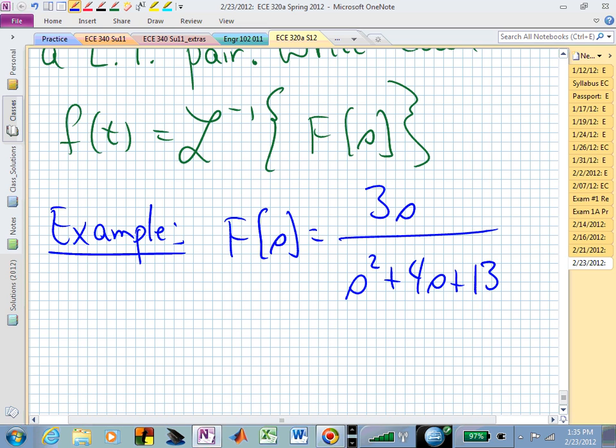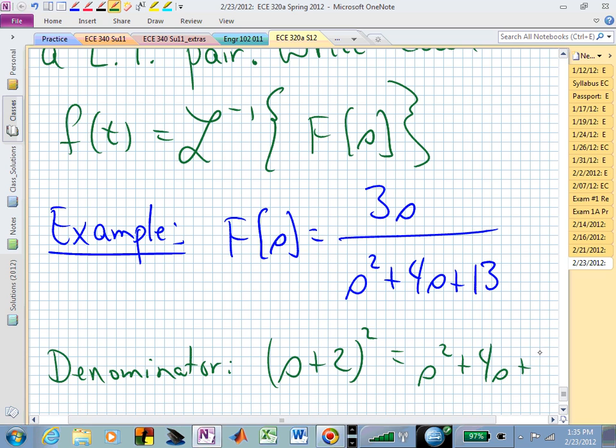Yes or no? So if I look at this, I'm concentrating on the denominator. I can see that if I took s plus 2 and squared it, I would have an s squared plus a 4s plus a 4, meaning I can see that I have this piece lined up with that piece.